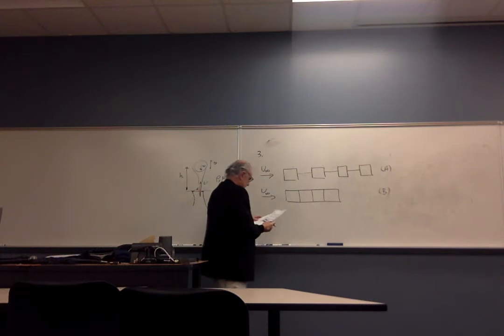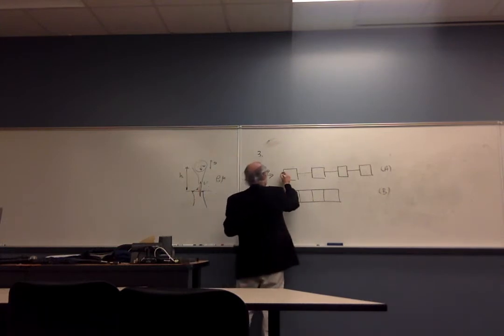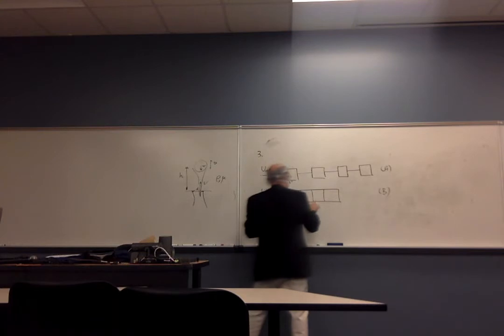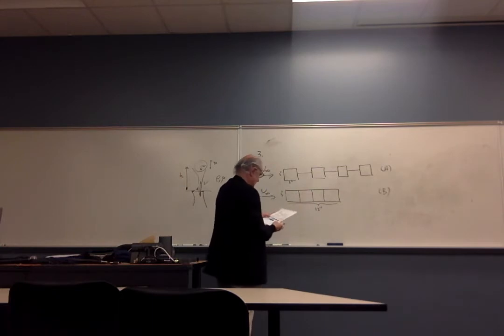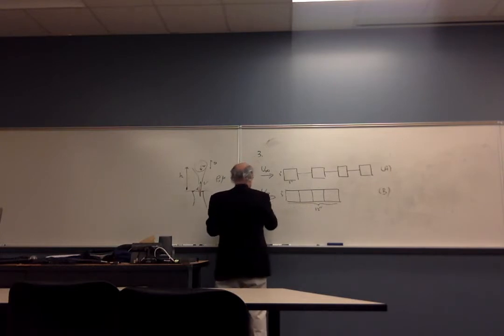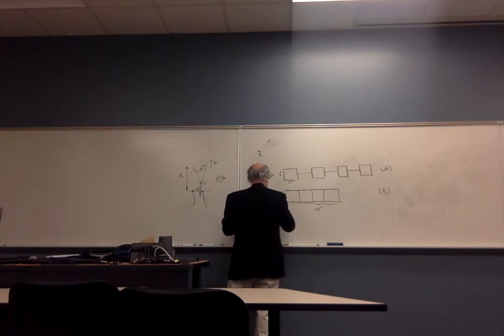These plates, let's see. This is 3 inches by 3 inches. This is 3 inches by 12 inches, I guess. Each of these plates is 3 by 3, and water is flowing at a speed of 3 feet per second.